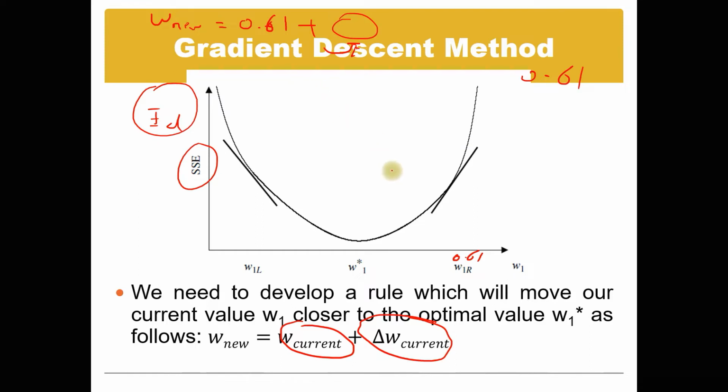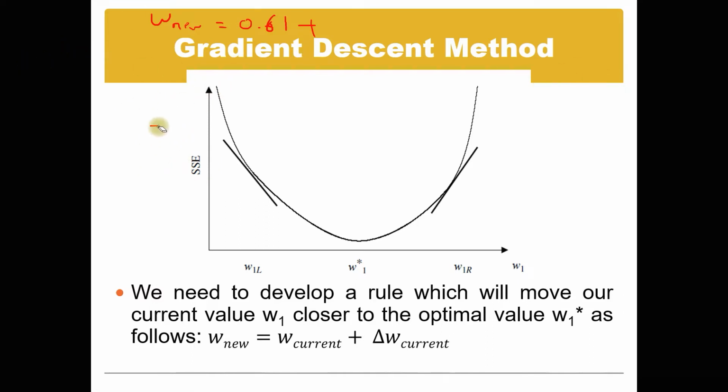The principle is very simple. What we do is that the change in the weight, let's write it down as Wij, would be obtained by taking the derivative of the sum of squared error by the current weight, which is defined as Wij.